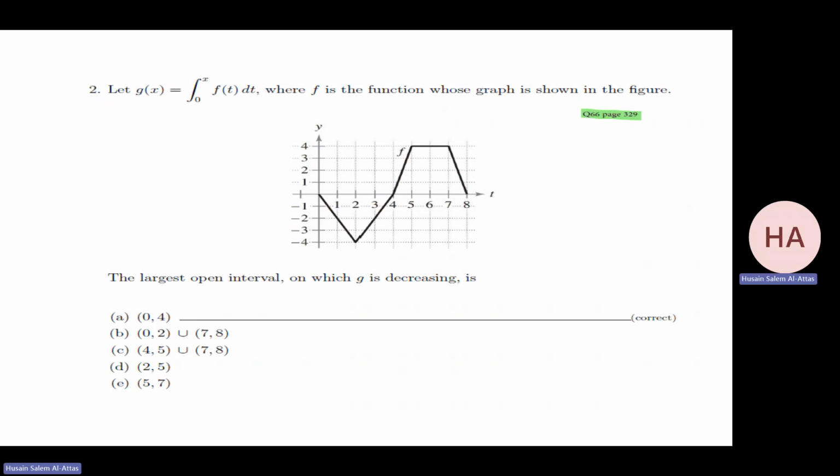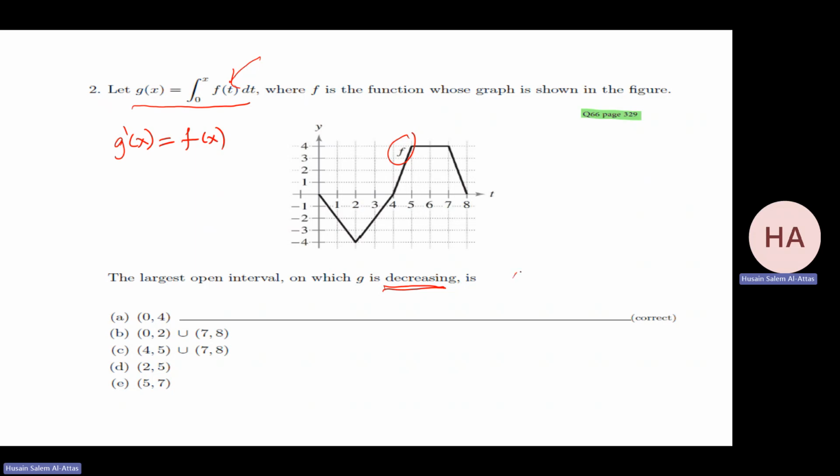Okay, almost the last two questions. The largest open interval in which g is decreasing. This is the graph of f. If you notice, from the fundamental theorem of calculus, g prime will be f of x.